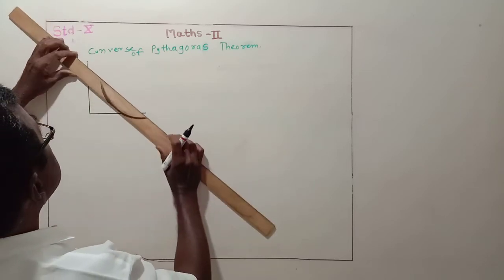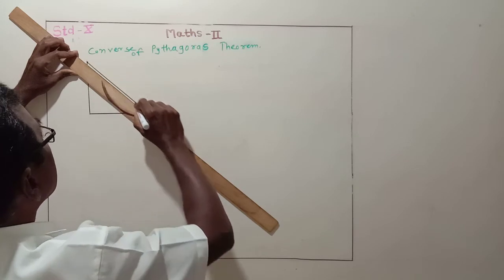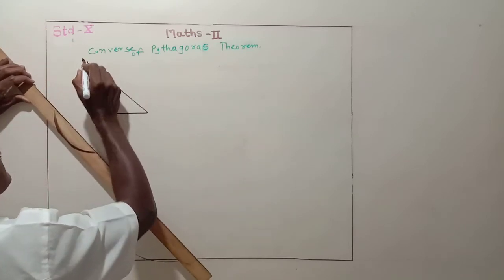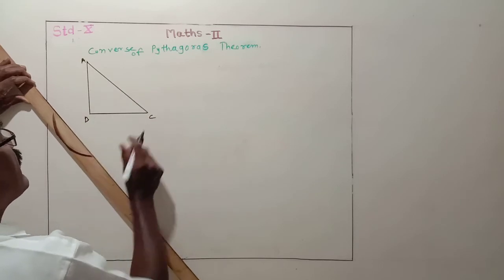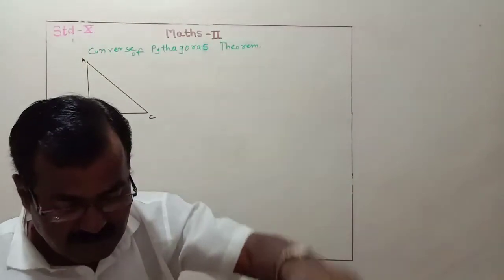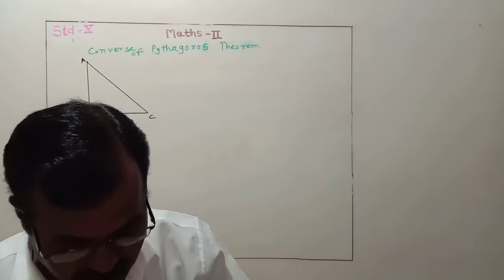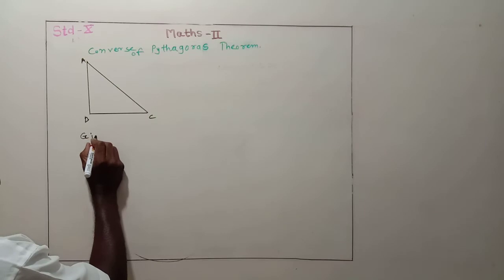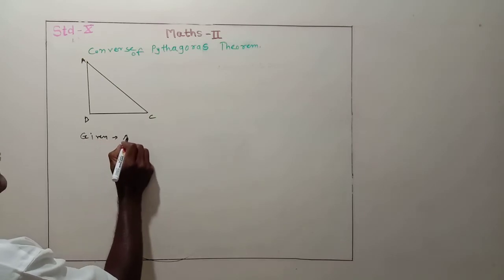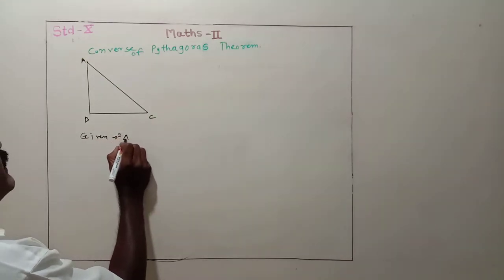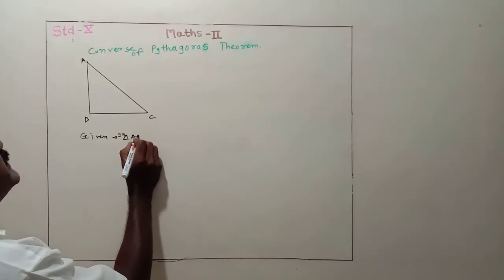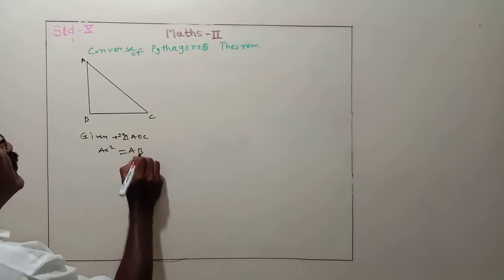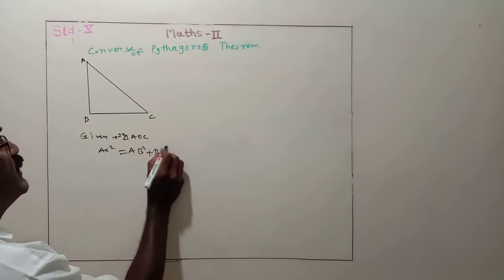the square of one side. Given: for triangle ABC, AC square is equal to AB square plus BC square.